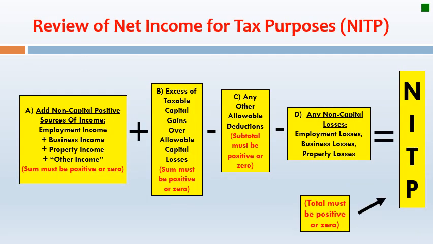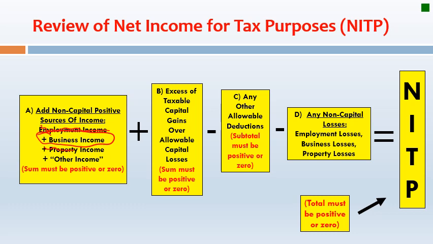For individuals, you guys are, I hope at this point, pretty accustomed to seeing this particular slide, which gives us the calculation of net income for tax purposes. So where we're focused right now for corporations is effectively the same, but we're just looking at business income. We're not going to have any employment income.